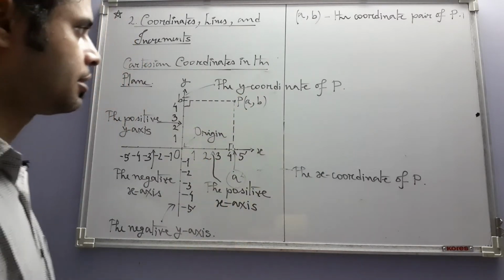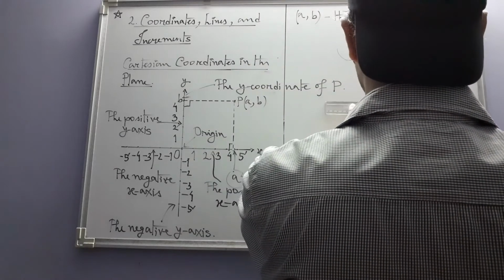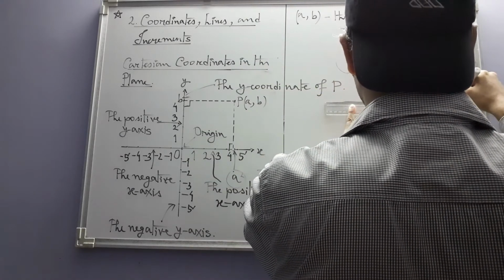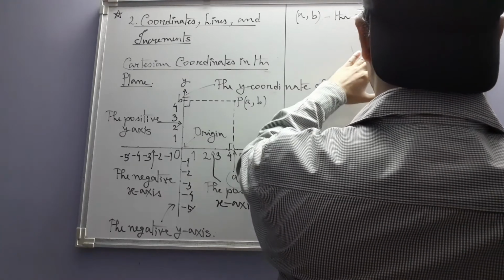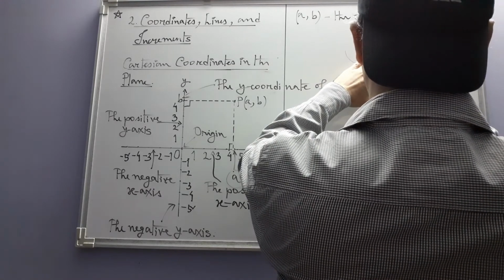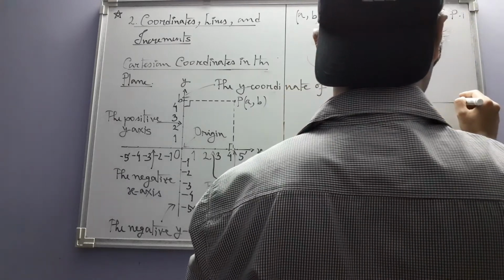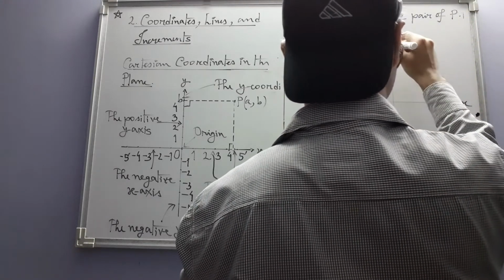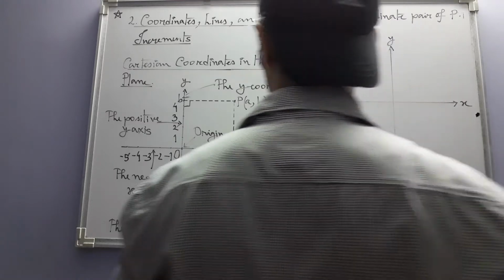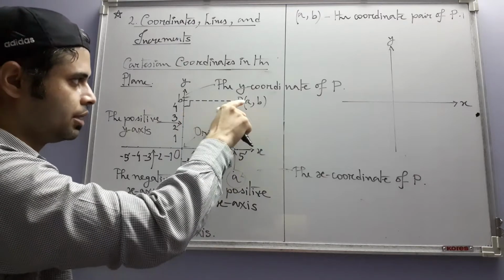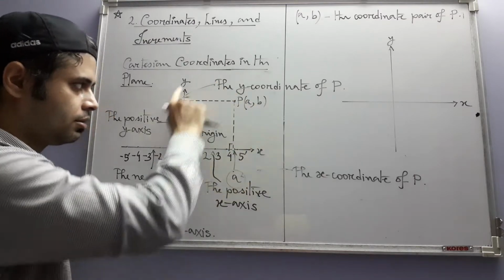Let us see some other possibilities here, because that place has been cluttered completely. So this is our x-axis, this is our y-axis. So we have already seen the situation we have when the point lies here in this section.